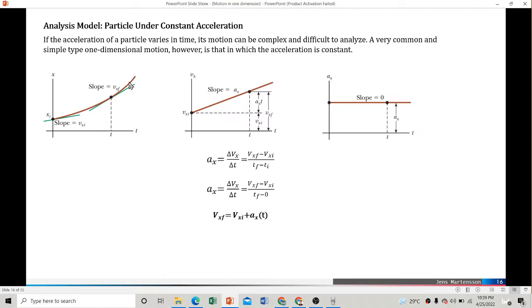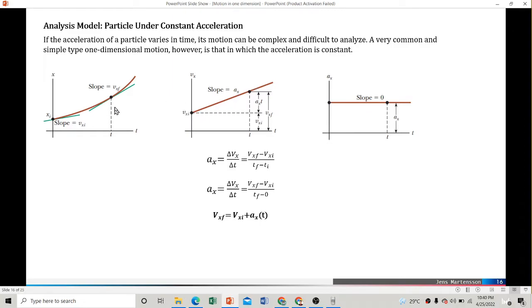Mahimo siya og quadratic nga equation. Okay? So our degree of curve here is second degree, di ba? Okay? So kung ato i-graph siya in terms of velocity-time, mahimo siya og first degree na lang or slope line.